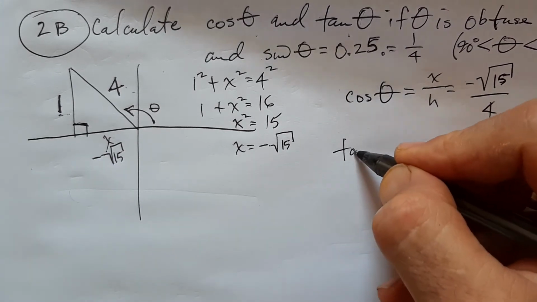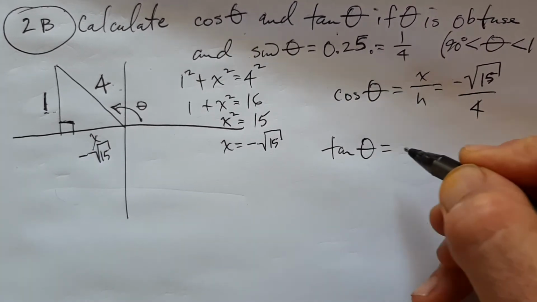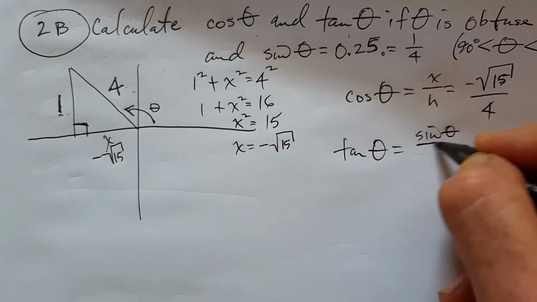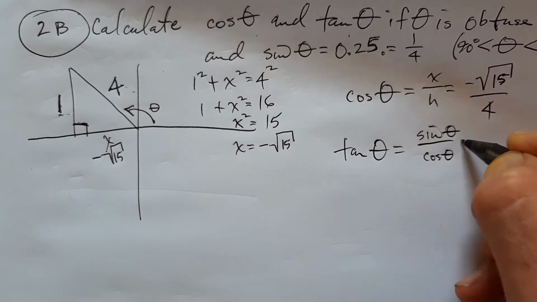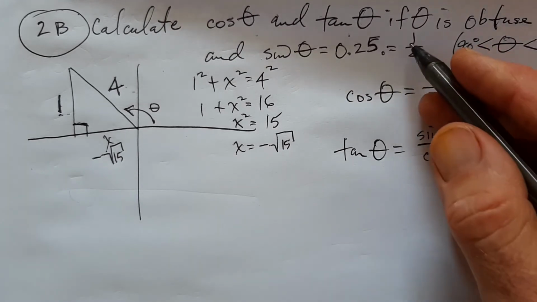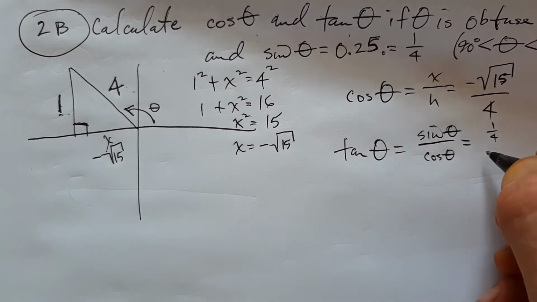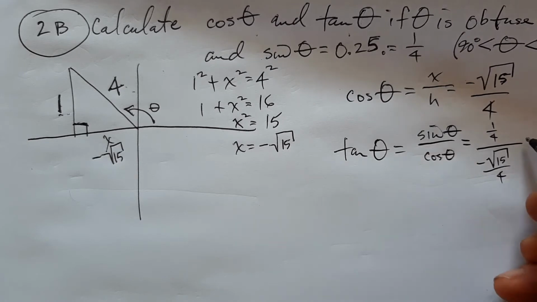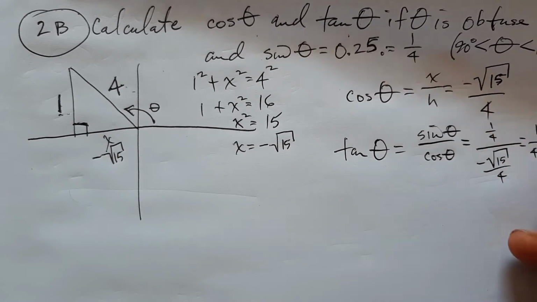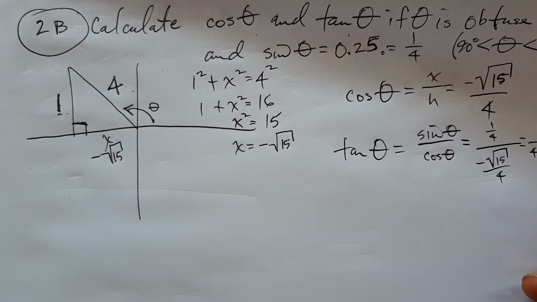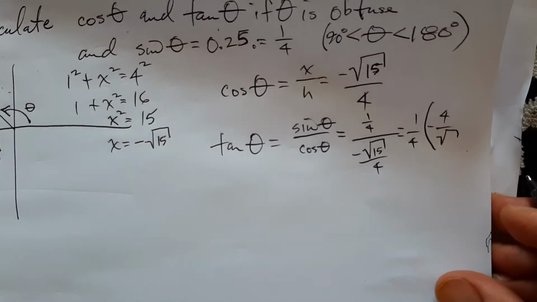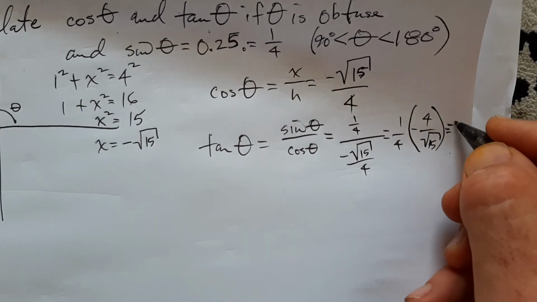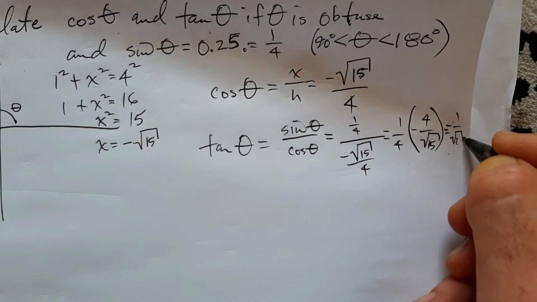And then tangent of theta. I memorized this one. This is not hard for me to remember: sine of theta over cosine theta. So substitute in sine theta, 1 over 4, divided by negative square root of 15 over 4. It equals 1/4 times negative 4 over square root of 15, which equals negative 1 over square root of 15.